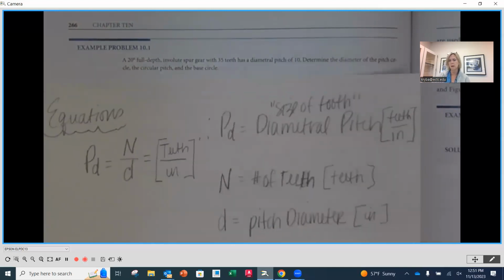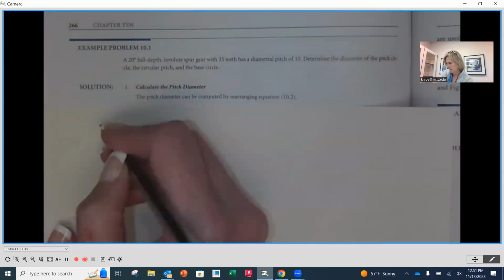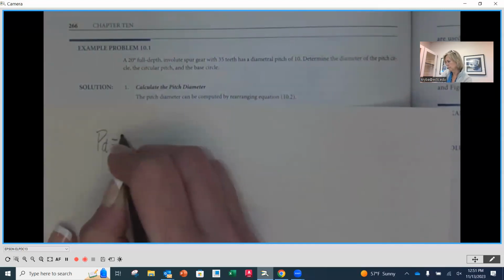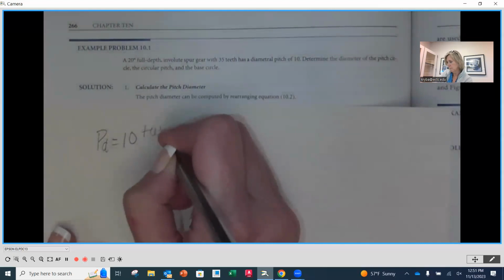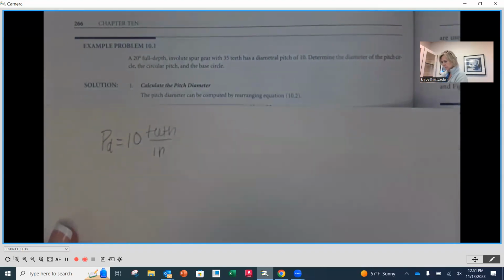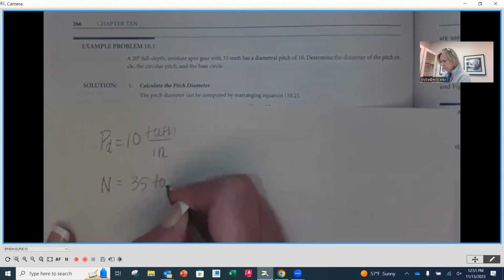As we look at example 10 here, we know that our P sub D is equal to 10, and I'm going to write the units next to it, teeth per inch. We also know that the number of teeth is 35.